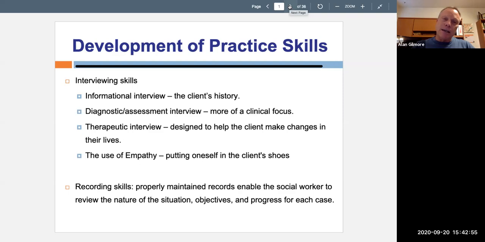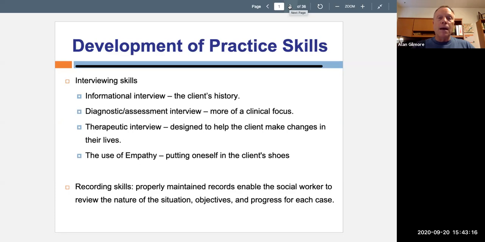In addition to interviewing skills, recording skills, properly maintaining records, enables the social worker to review the nature of the situation, objectives, and the progress for each case. In addition, social workers are often called into court.